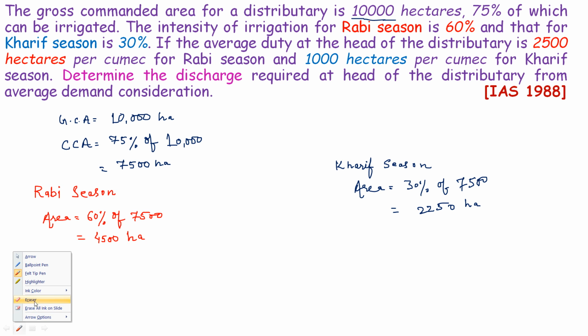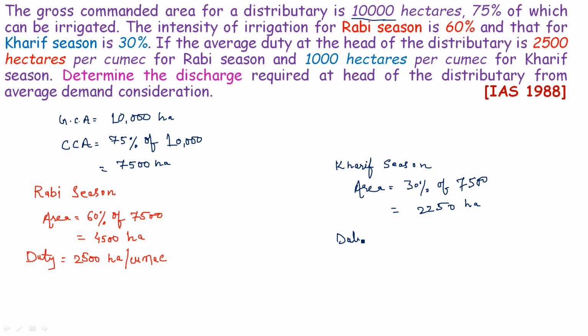So the duty for Rabi season is given as 2,500 hectare per cumec, and for Kharif season the duty is given as 1,000 hectare per cumec.